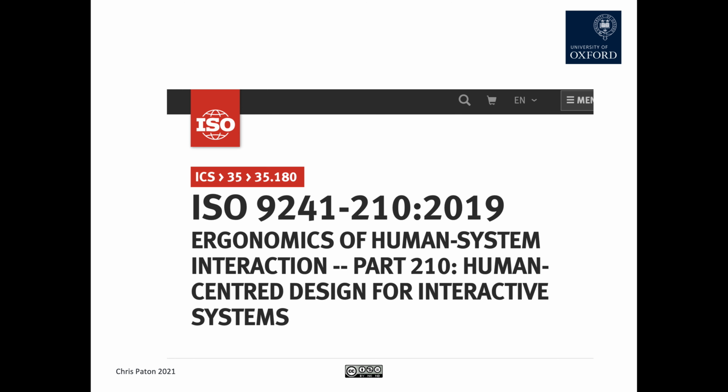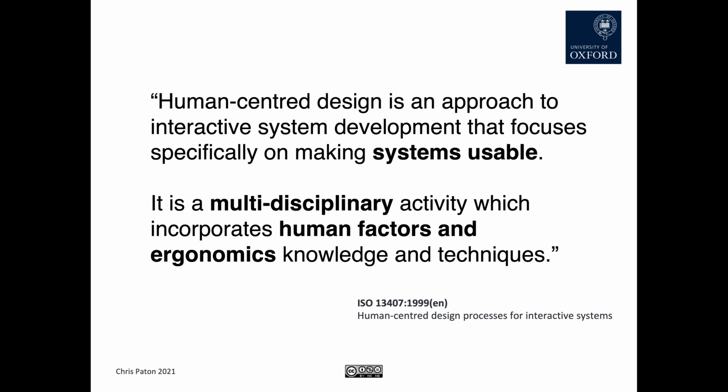And ISO is the International Standards Organization that defines standards on a whole wide range of things, including how we should design user interfaces so that they're safe and effective. And they have a definition that says human-centered design is an approach to interactive system development that focuses specifically on making systems usable. And it's a multidisciplinary activity that incorporates human factors and ergonomics knowledge and techniques.